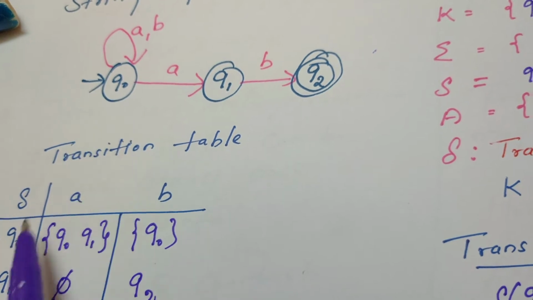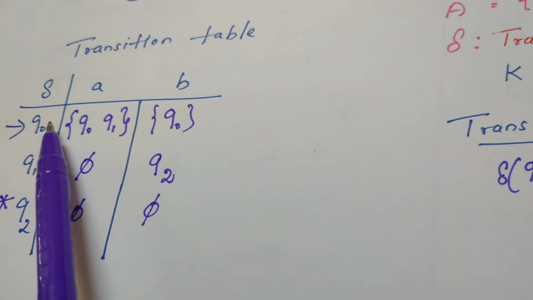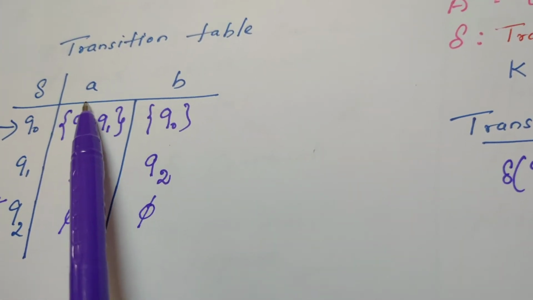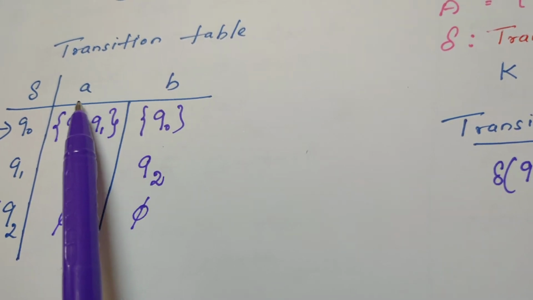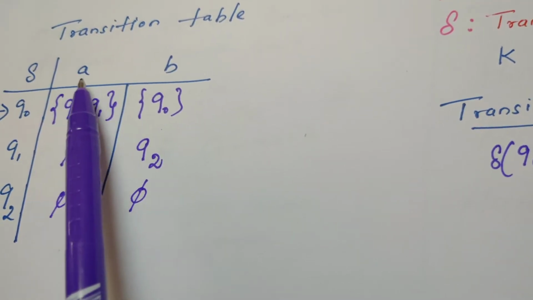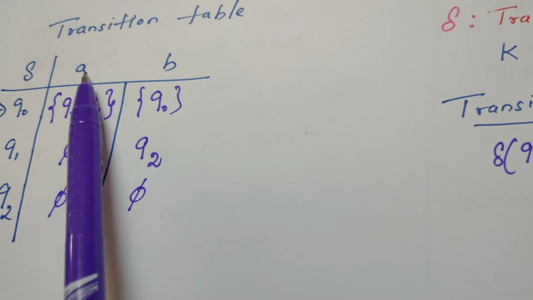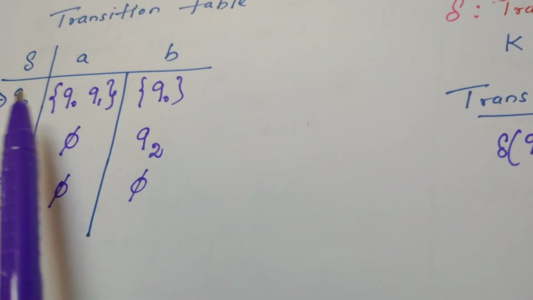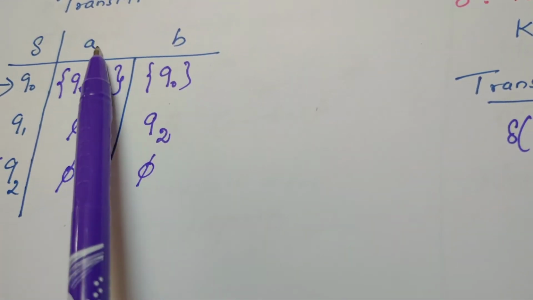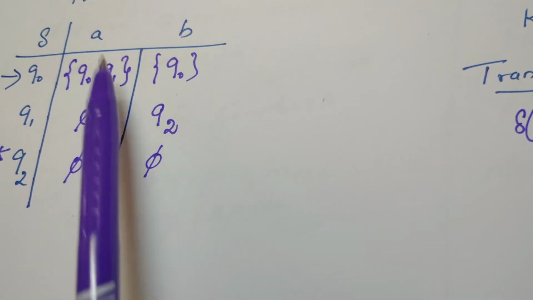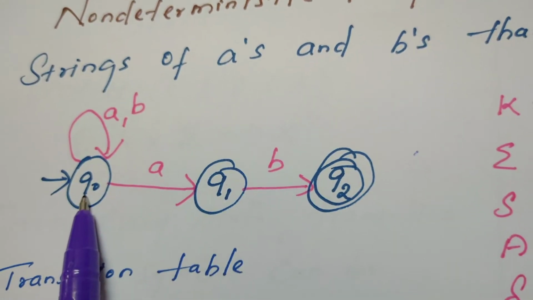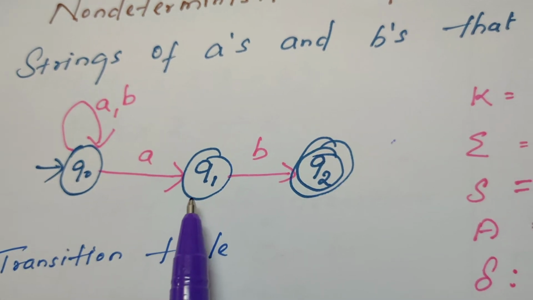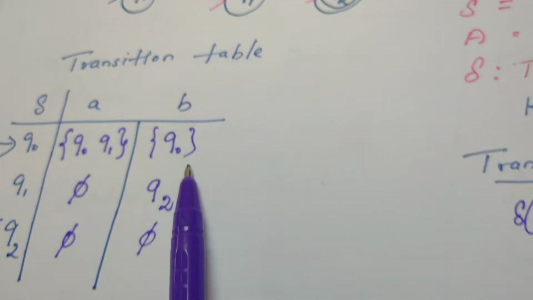It means from the given state, on the input symbol, the transition is defined more than once. The transition is defined twice here. So from the state Q0 on reading A, it goes to Q0. Again from the state Q0 on reading A, it goes to Q1 also. Now from the state Q0 on reading B, it goes to Q0 itself. That I have written here.